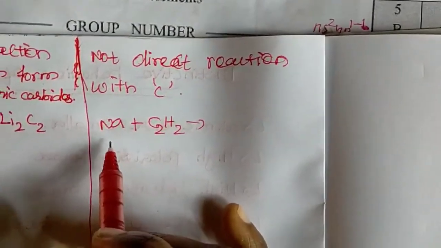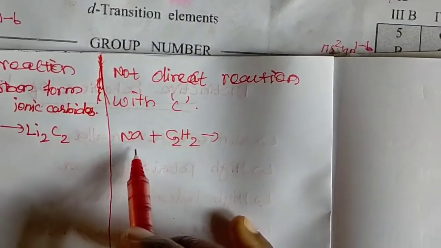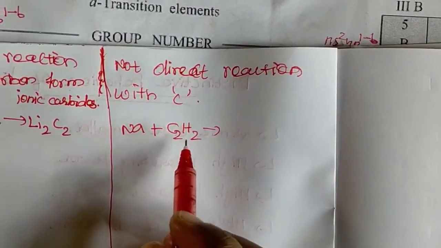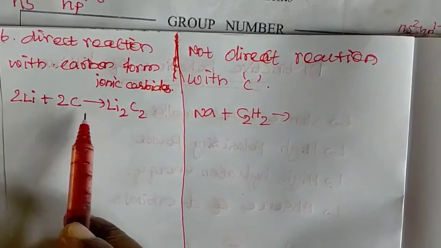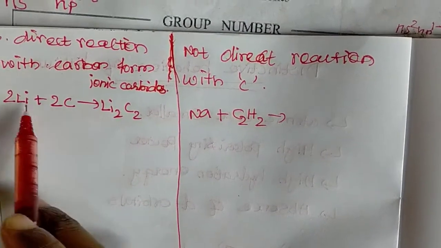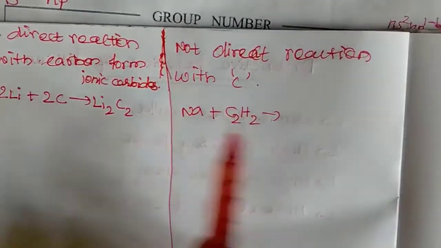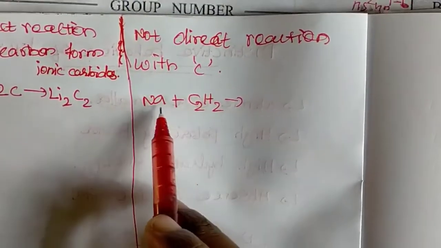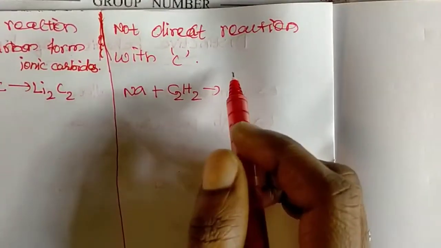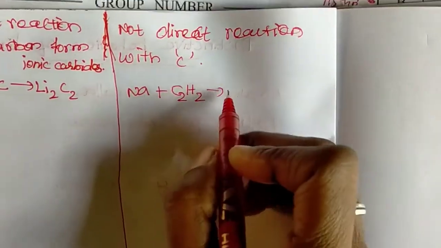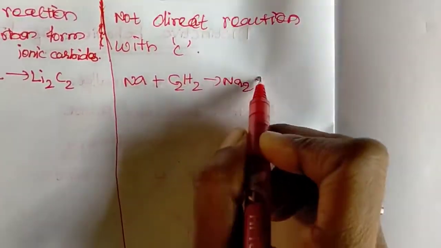So sodium, a group 1 metal, combines with the carbon compound but is not directly reactive with carbon like lithium. Lithium reacts directly with carbon only, but here sodium combines with the carbon compound and can produce Na2C2.